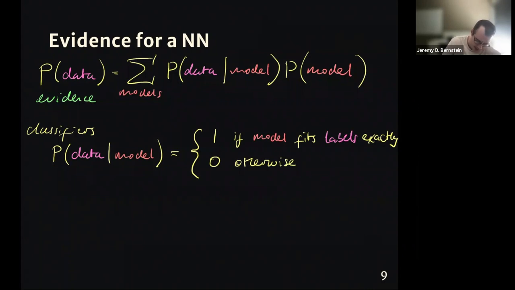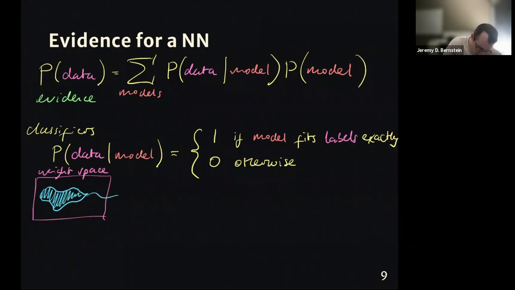So the picture that you have in mind is that I have an architecture and it has a space of weights, the weight space. And then there's a subspace of solutions. What a solution means is that solutions fit the training labels exactly.